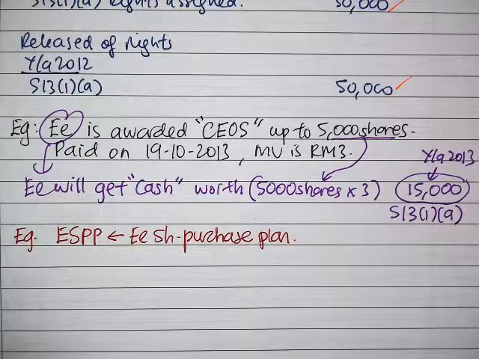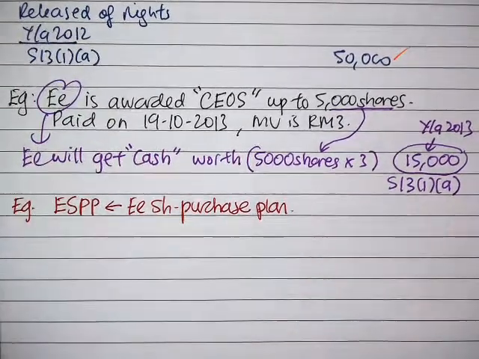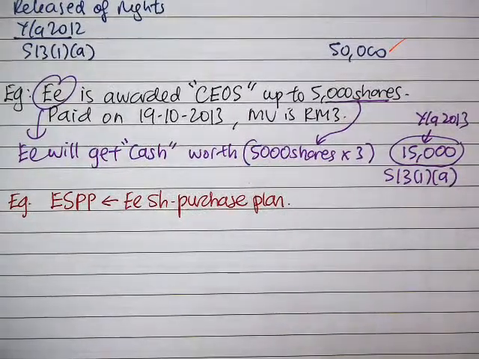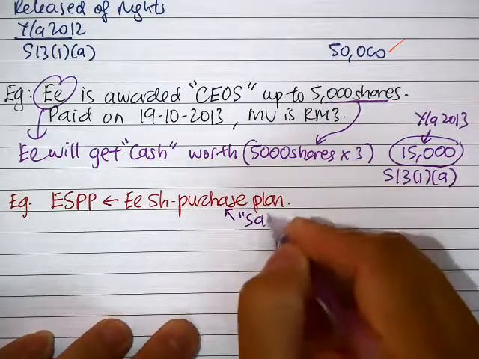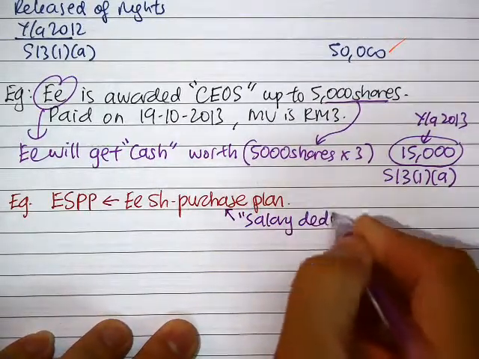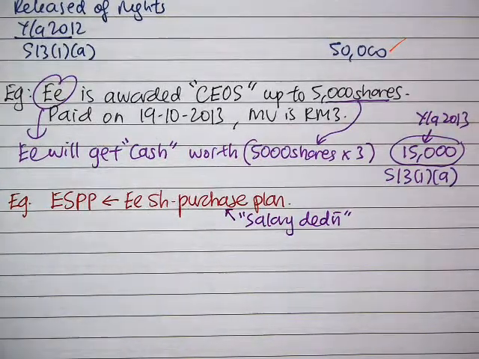So instead of you paying all the money up front to buy the share, they allow you to take salary deduction. So usually that's what they do. So for ESPP, they go through salary deduction. Now because it's salary deduction, it will stretch over a long period of time. So it will not be immediate.